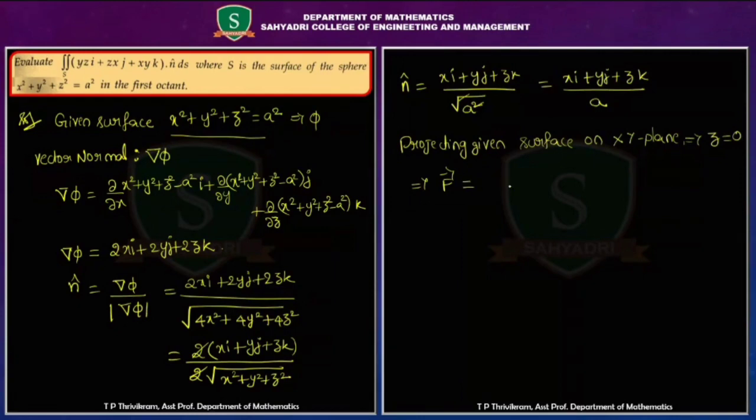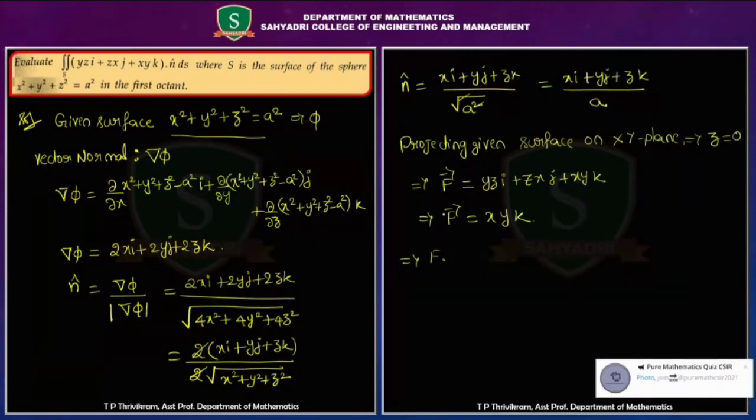What will be your F function? F equals yz i plus zx j plus xy k. If you substitute z equal to 0, you get xy k.